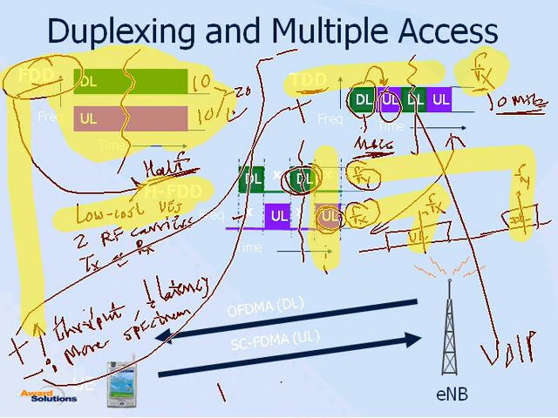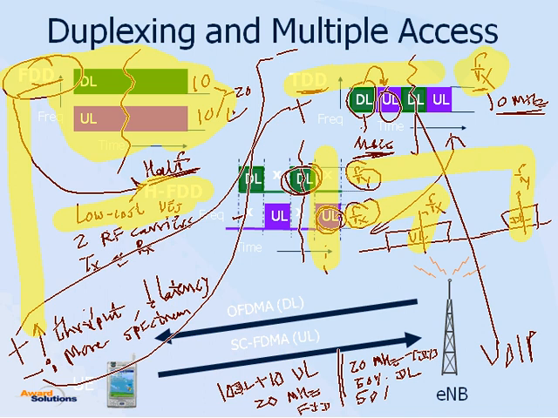If you have, let's say, 10 megahertz downlink and 10 megahertz uplink, so you are using a total of 20 megahertz spectrum, FDD, right? So if you want to get similar spectral efficiency, you could say that, okay, you will have 20 megahertz TDD, and maybe you will allocate 50% time to the downlink, 50% time to the uplink. Yeah, so then you can get the same spectral efficiency. But it depends on your assumptions. So hopefully this information will help you.